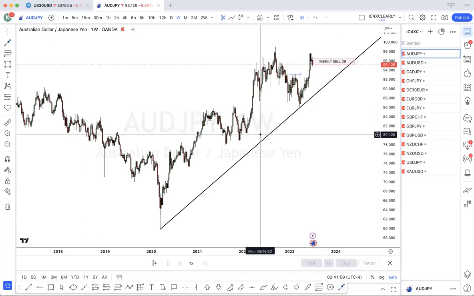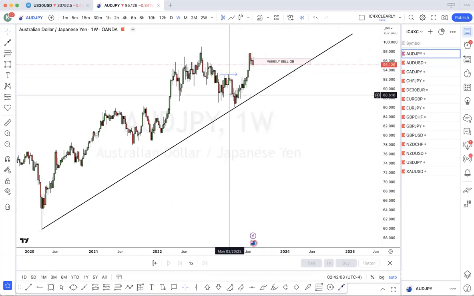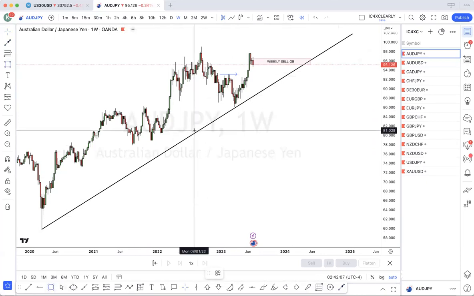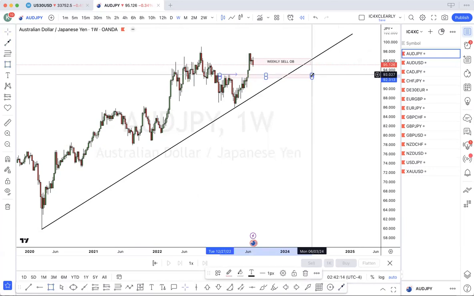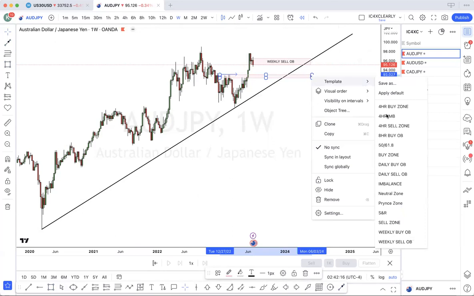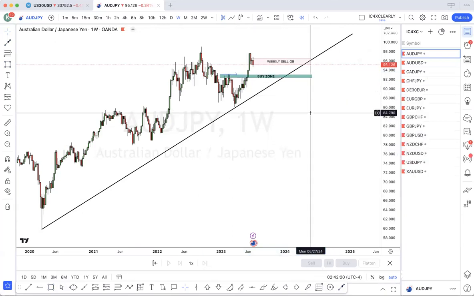Okay. So with that being said, there's an imbalance here that price may possibly come back to retest the break of this structure here. So this is a possible buy zone.